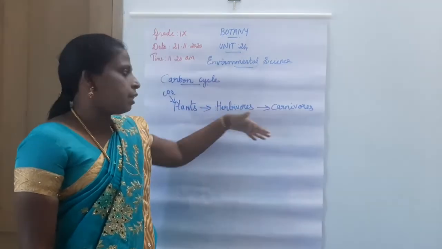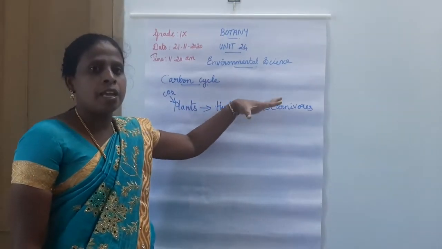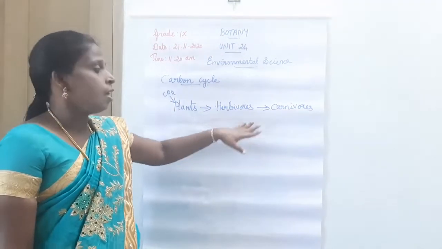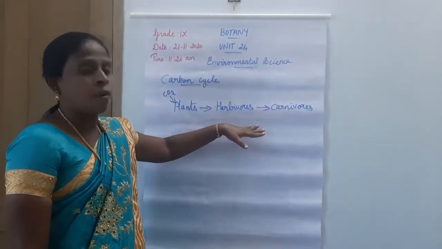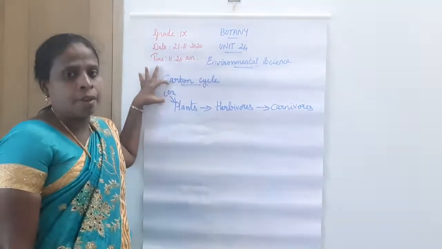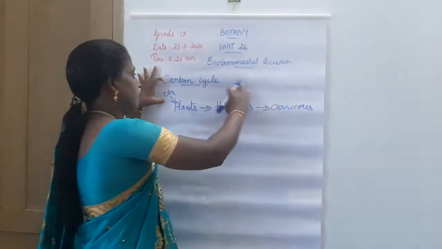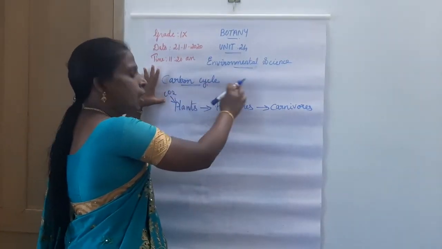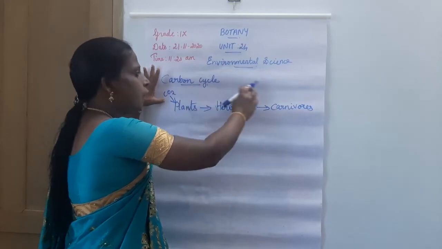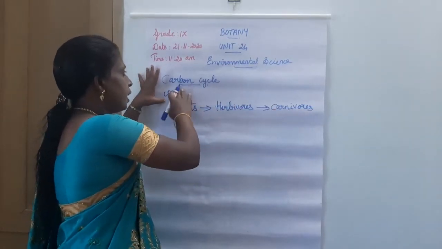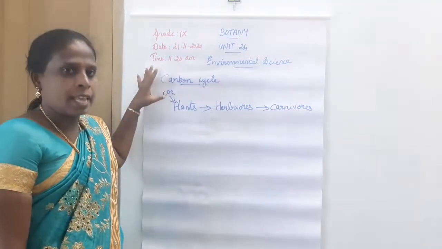After the death of these animals and plants, decomposition again takes place by the decomposers, and the gas is evolved and again released to the atmosphere. Likewise the cycle takes place. In that cycle the carbon can be transferred from one organism to another organism. That cycle is called the carbon cycle.